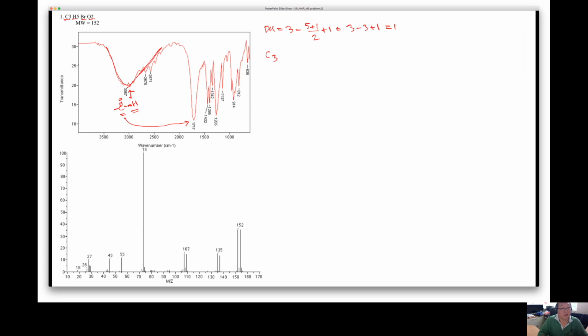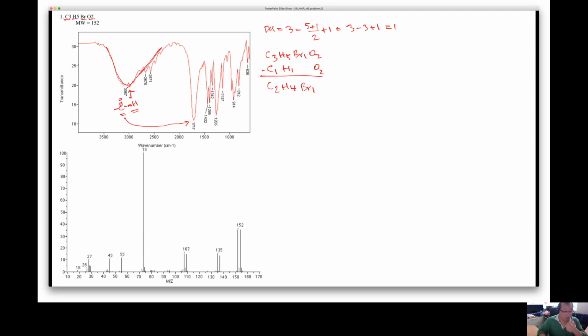So let's figure out what is left to find out. The formula is C3H5, 1 bromine, and 2 oxygens, and COOH accounts for C1, 2 oxygens, and 1 hydrogen. So since we already figured out the carboxylic acid, what's left is C2H4 and 1 bromine.